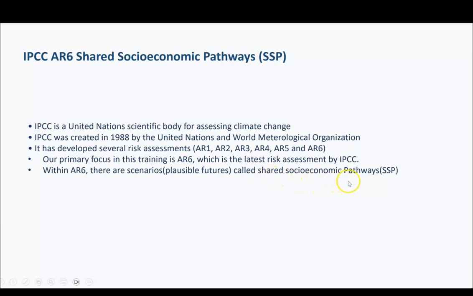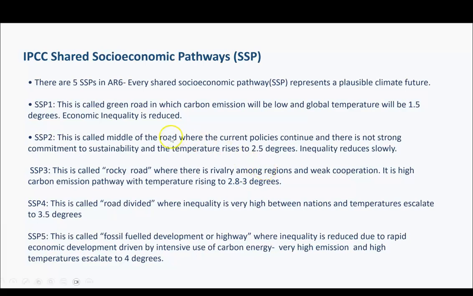Don't bother, you're going to understand the details of each of these SSPs. Each SSP represents a climate scenario. Is that okay? Great. So there are 5 SSPs inside the AR6.